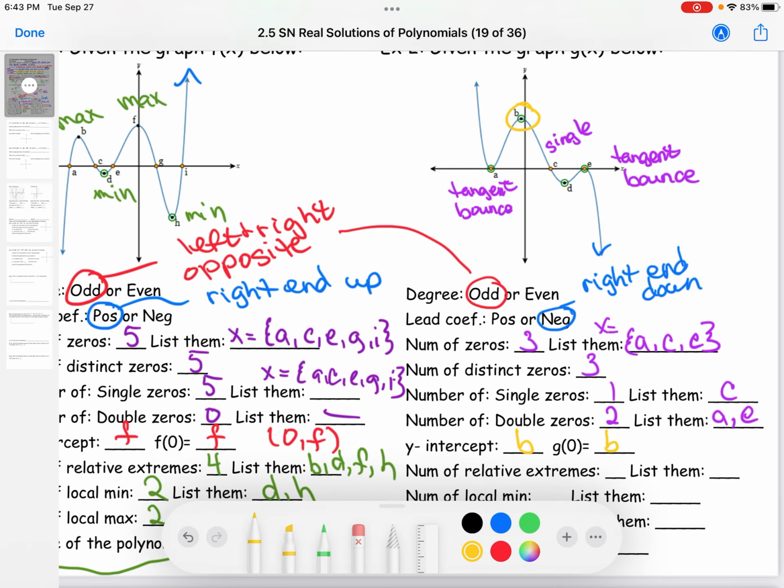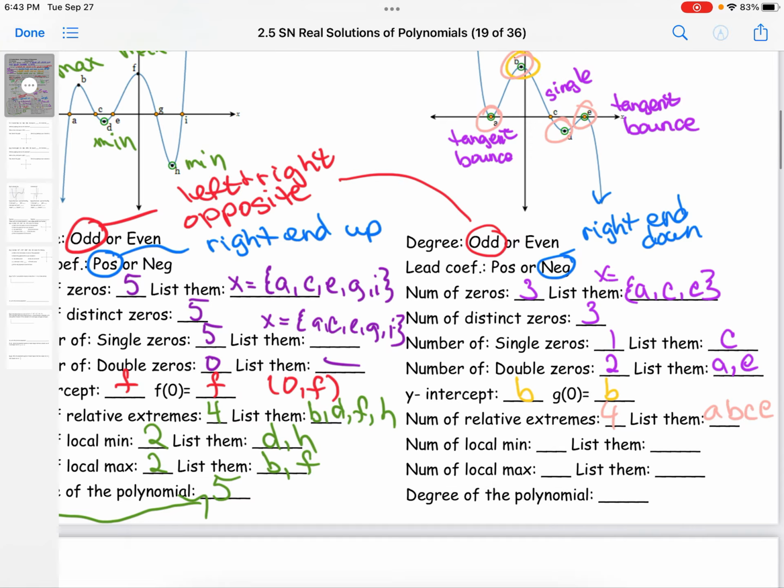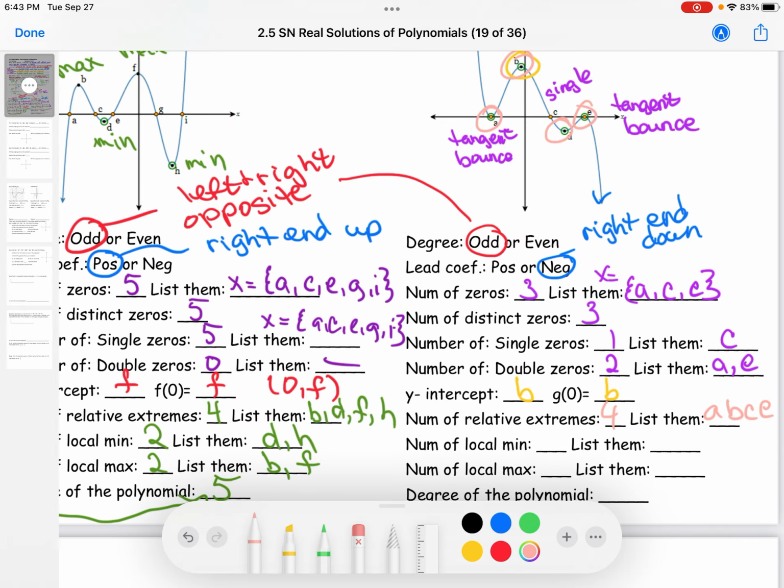The relative extremes here, we have a low, we have a high, we have a low, and we have another high. So that makes 4 relative extremes. And those are at A, B, C, and E. A, B, C, and E are all relative extremes.